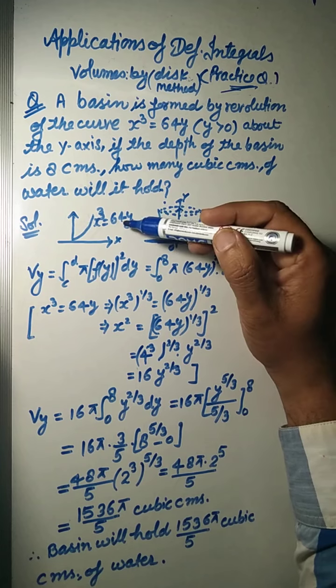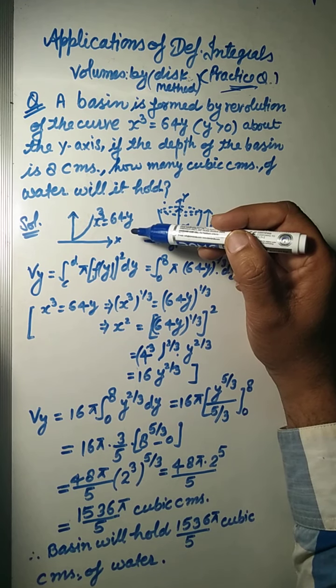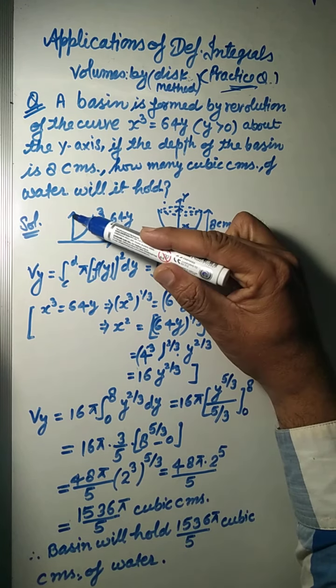Here the curve x cubed equals 64y revolves about y-axis.